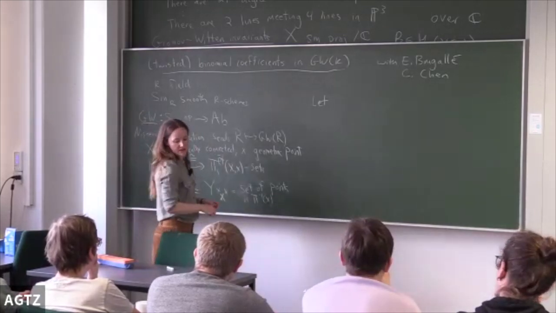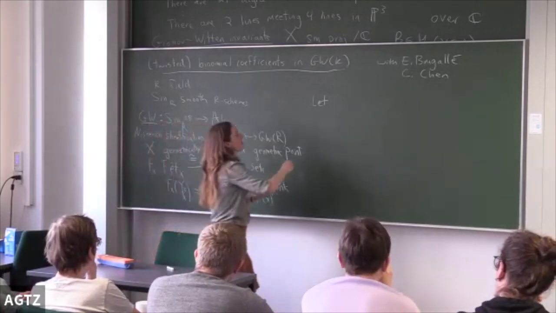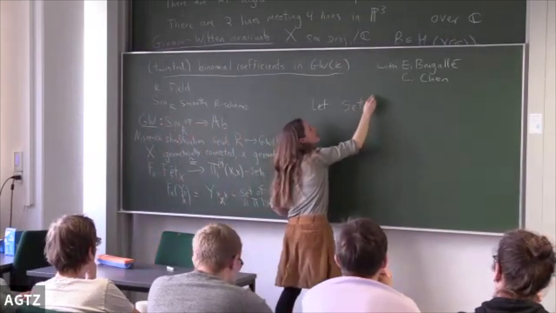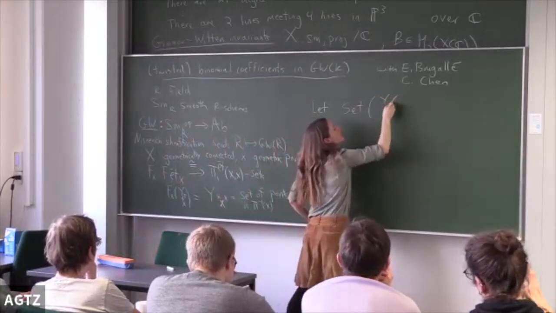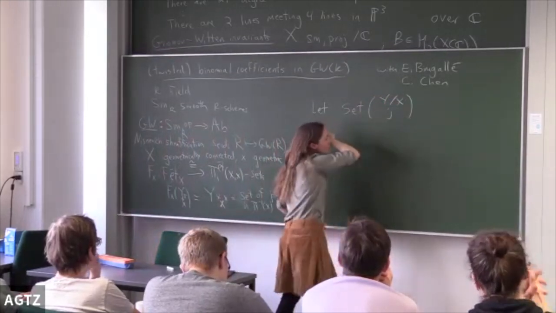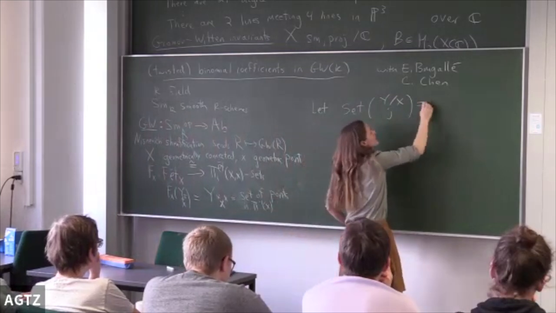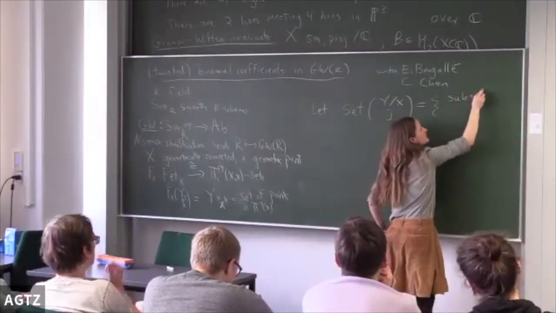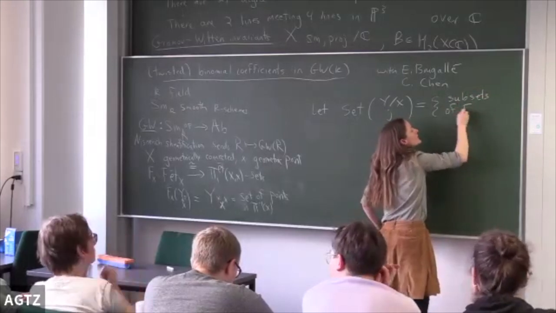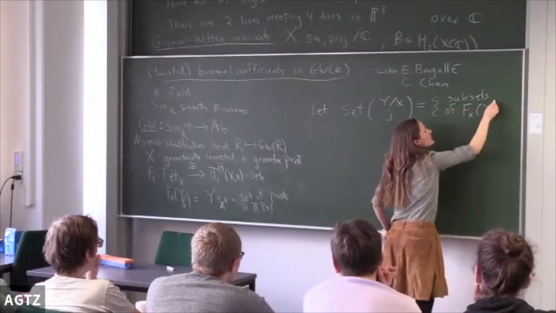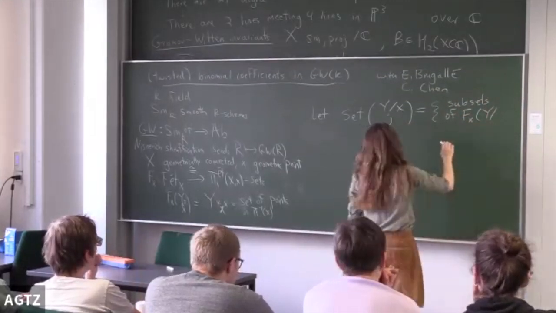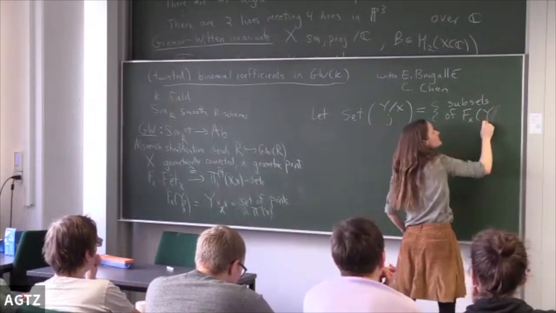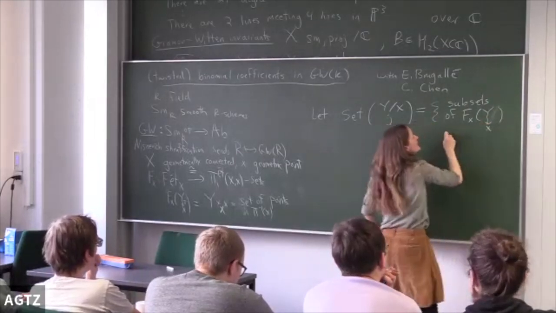So let the set Y over X choose J be equal to the set of subsets of the fiber of Y over X of size j.